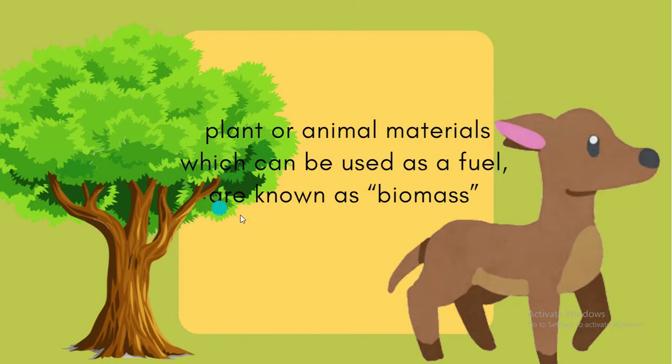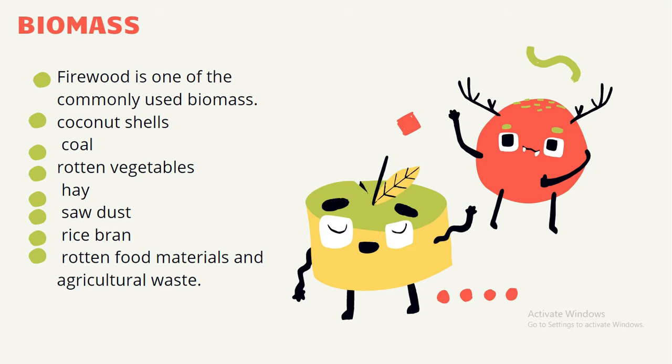Now I will explain what the examples for biomass are. Firewood is one of the commonly used biomass. In some houses, most of the village houses use firewood as a fuel when they are cooking. Firewood is mostly used.